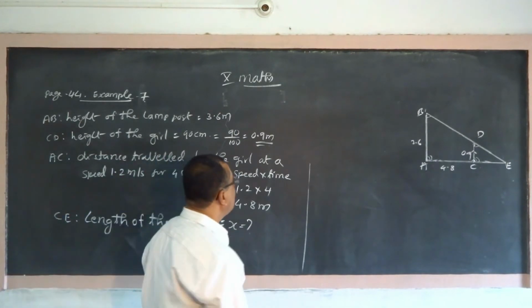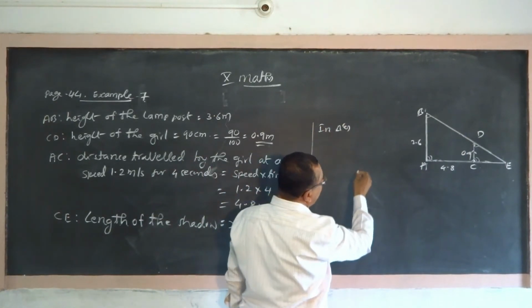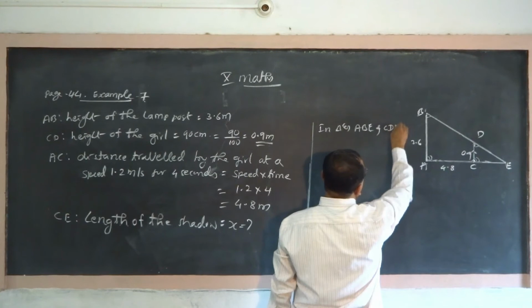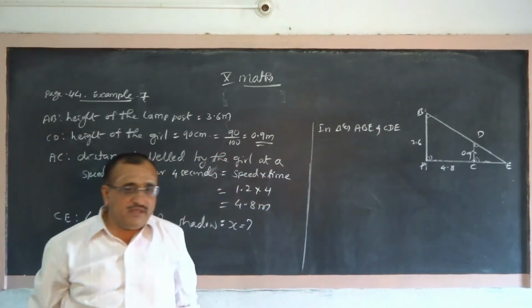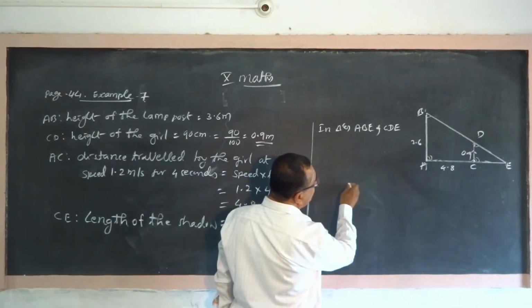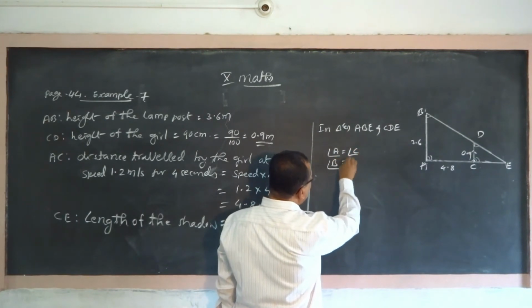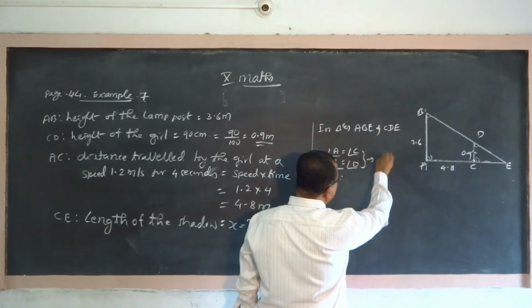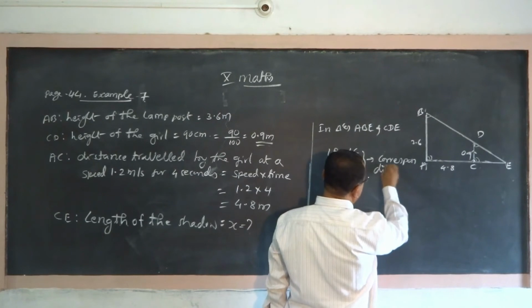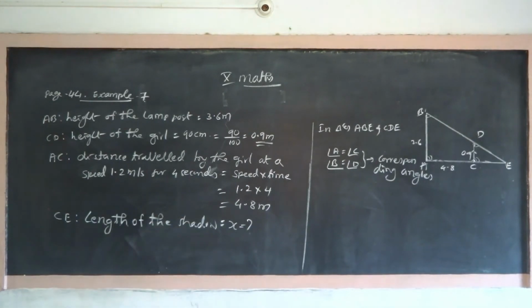We shall write it. In triangles ABE and CDE, angle A is equal to angle C, angle B is equal to angle D. These are corresponding angles. Why?